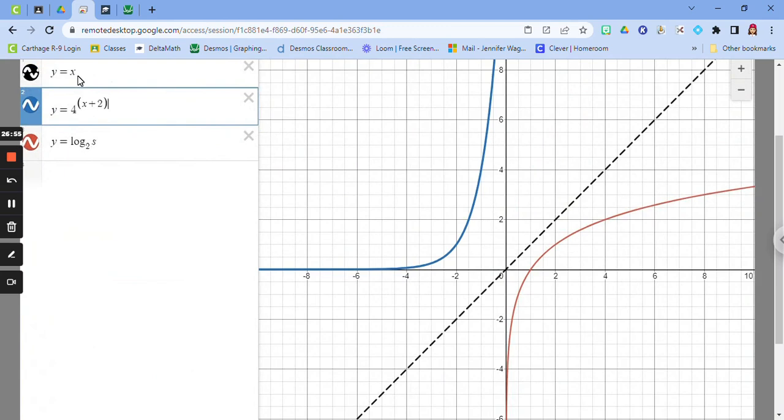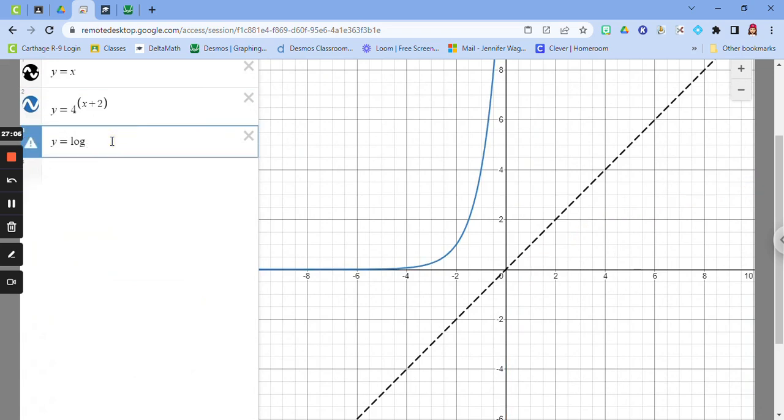So we have that looking like that. Then the question is, we know it's log base 4.